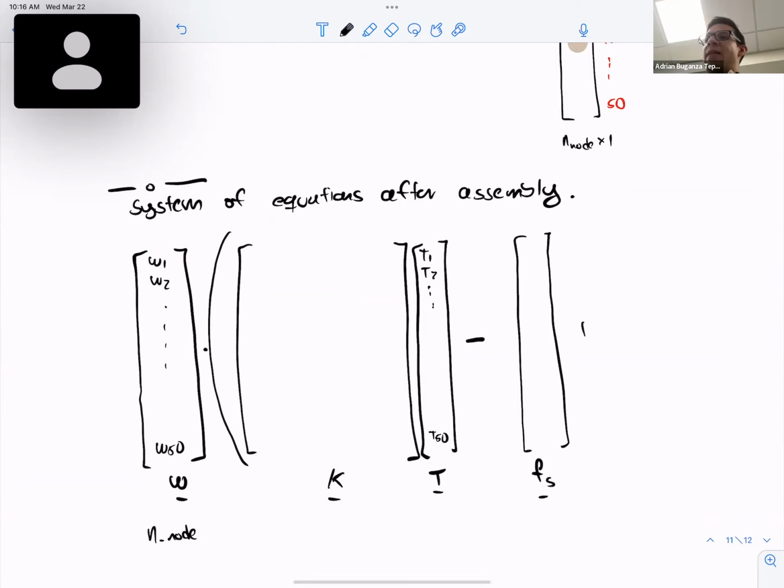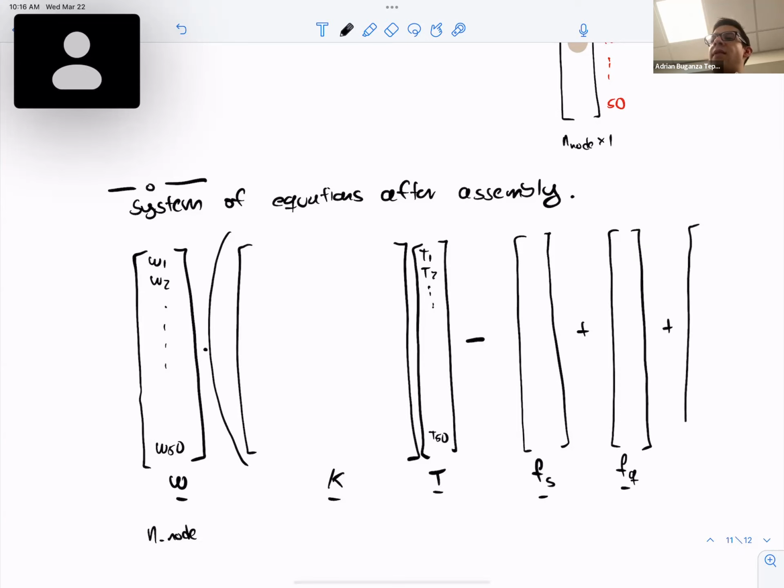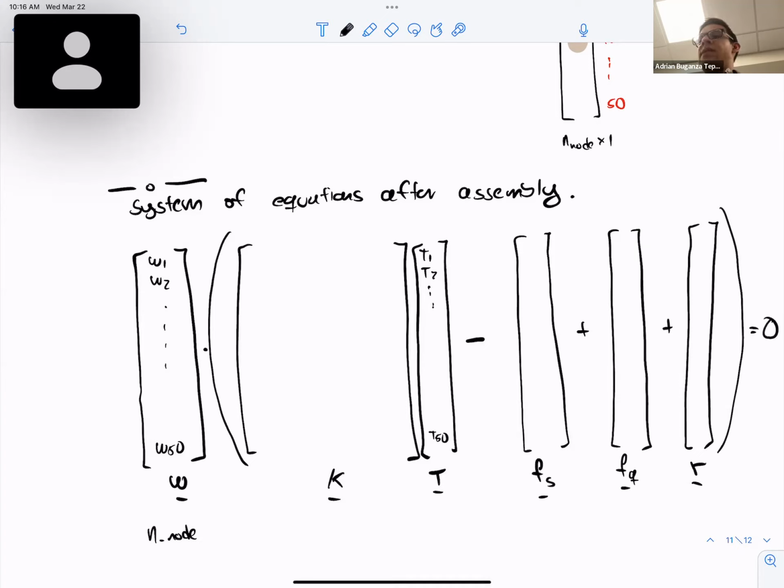And then finally, there is a force vector from the fluxes that I haven't told you how to assemble. And you also need reactions that I also haven't told you, but they are. So this equals the zero vector. This equals just 0.